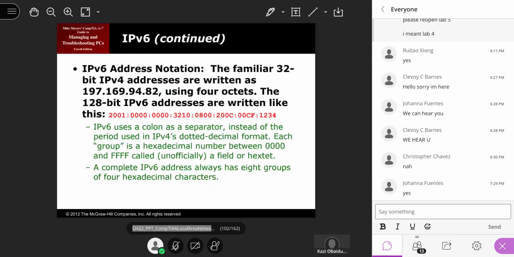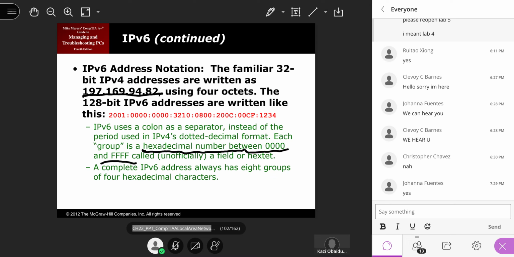Look here, hexadecimal numbers, between 0 and F. So IPv4 is decimal numbers, 32 bits, but IPv6 is hexadecimal numbers.